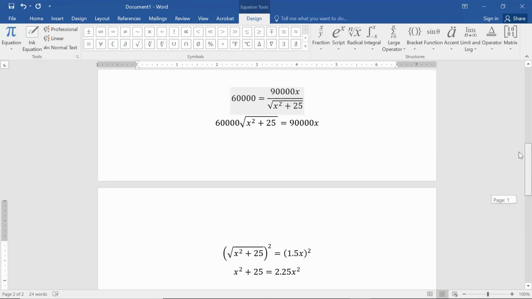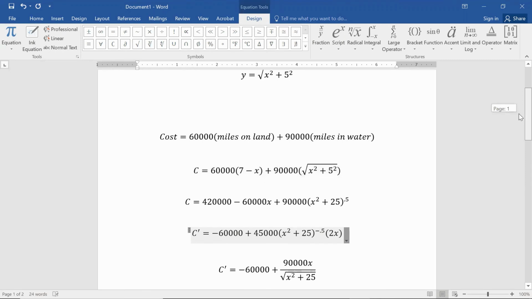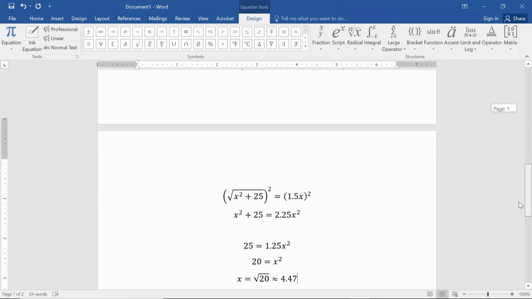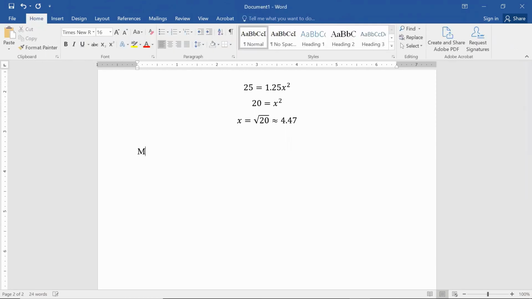If you wanted to figure out the minimum cost, all you'd have to do is plug in square root of 20 into this equation here. But that's not what the question asked for. The question asked for how many miles on land should you run the cable, and how many miles on water should you run the cable.